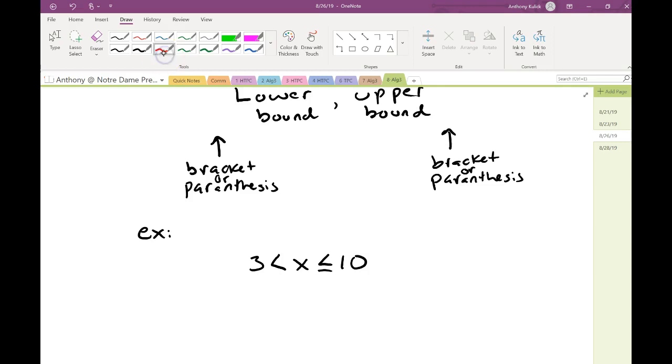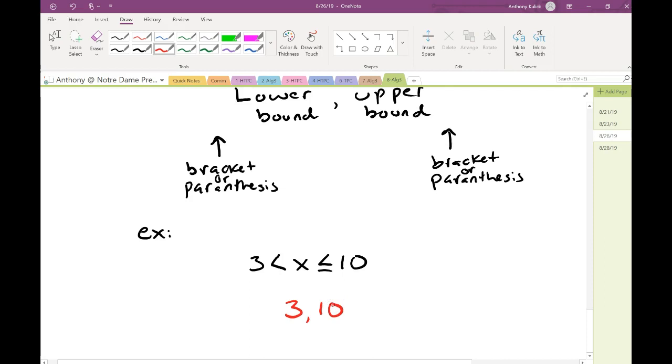So if I'm going to write my interval notation, I want to start by writing a lower bound. What's the smallest number involved in the things between 3 and 10? 3, right? Not a trick question. That's my lower bound. The biggest number involved here is 10. That's going to be my upper bound.